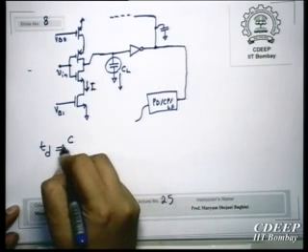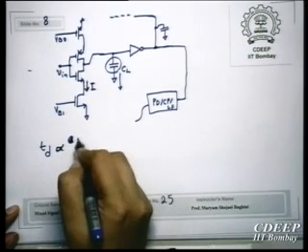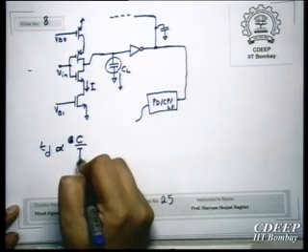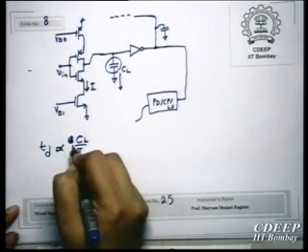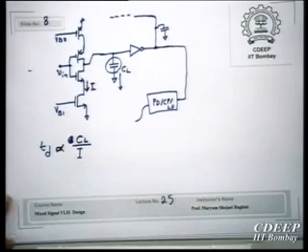For example, time delay is proportional to C upon I, CL upon I. One thing also you can do, if you want to increase frequency, if this delay is too large.